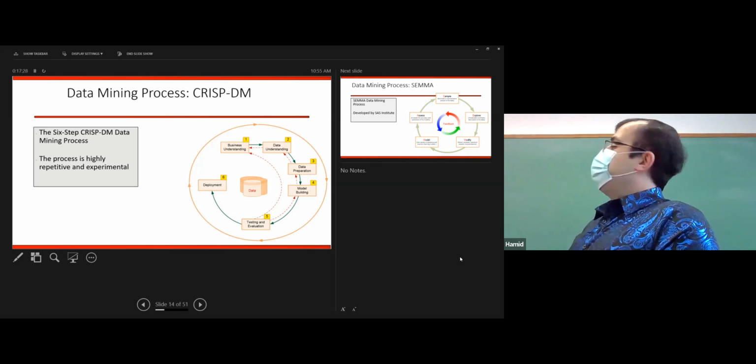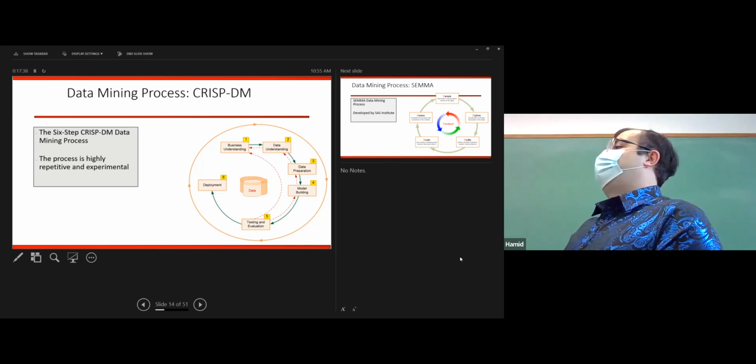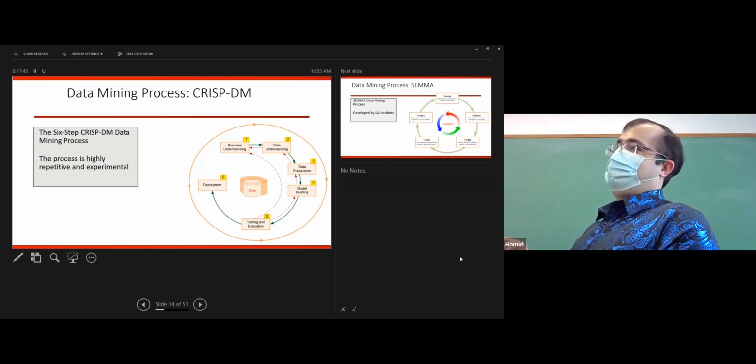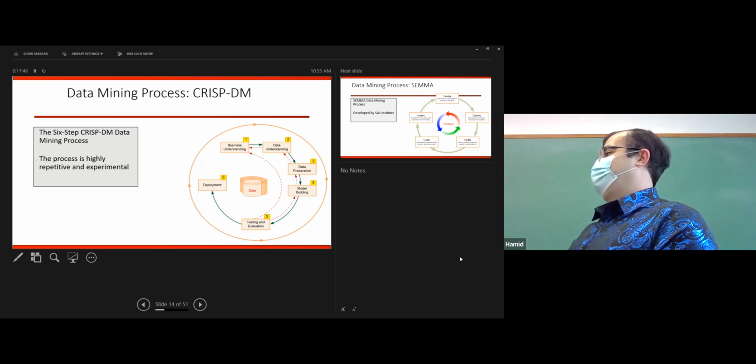And when you are very confident about your model, maybe at the end, you just deploy your model. So it could be for marketing purposes, or if you want to do Bitcoin prediction, maybe you decide whether you should buy or sell Bitcoin. So this is the deployment.